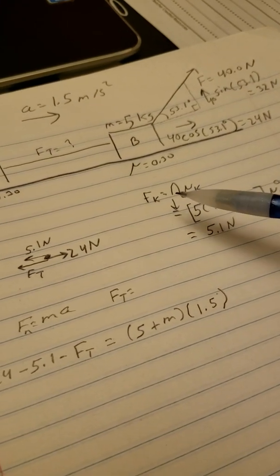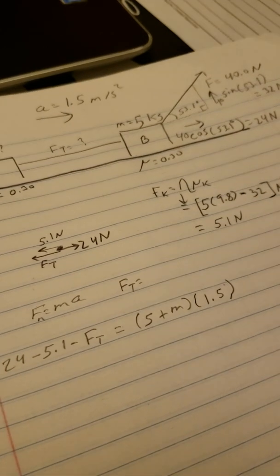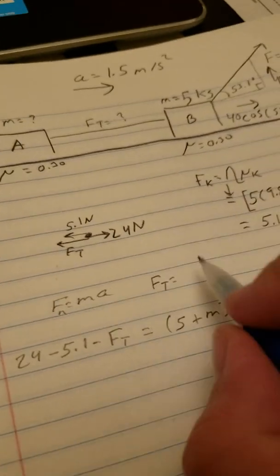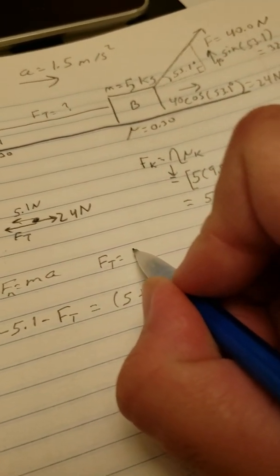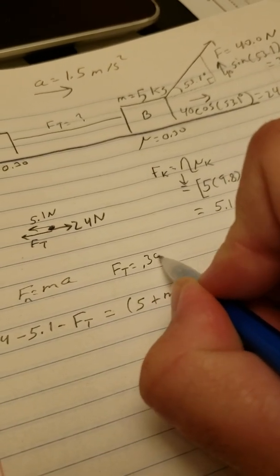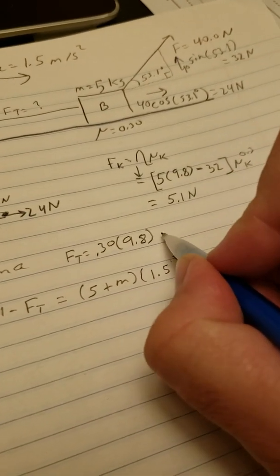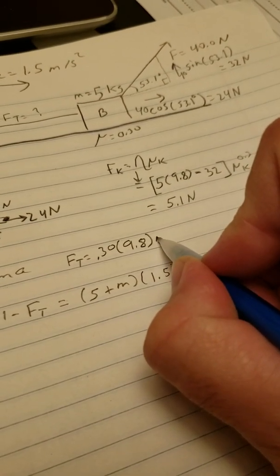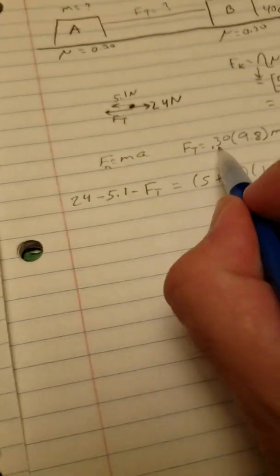It's the normal force times our coefficient of friction. And we don't know what the mass is, but we do know mu is 0.3. We know gravity is 9.8. And our mass here is just going to be m. We don't know what it is yet. All right, so we're going to plug that in there real quick.